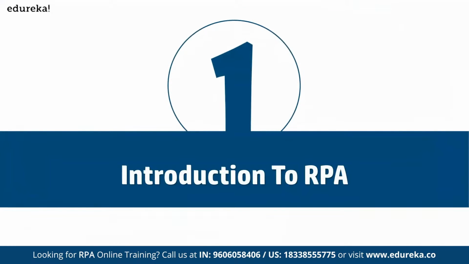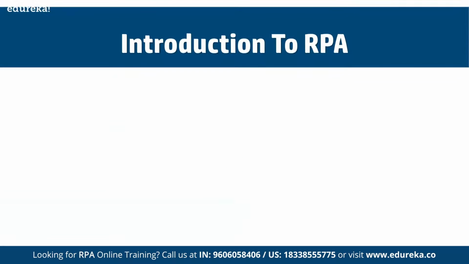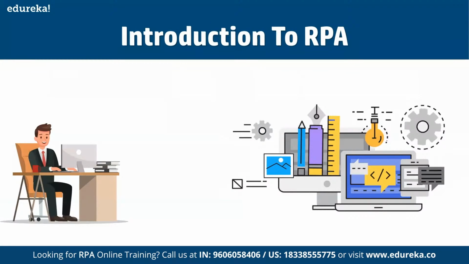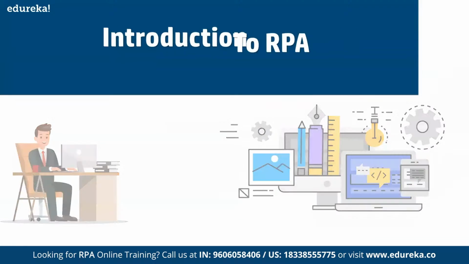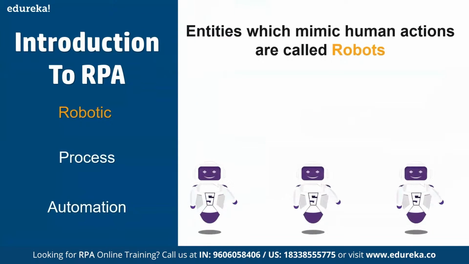Okay, now coming to the core topic, that is what exactly is RPA. So, introduction to RPA. What is robotic process automation? A robot is considered an entity, any entity which can mimic human action is called a robot. Any entity which behaves like a human being, especially if it is a machine, we call it a robot.